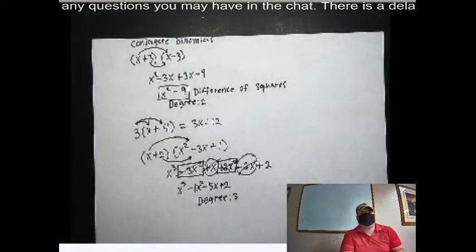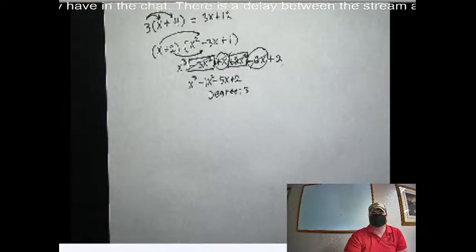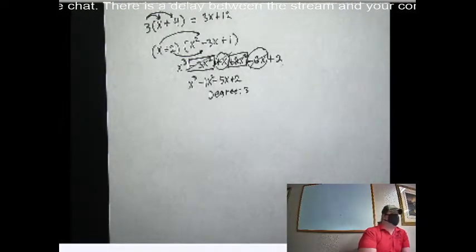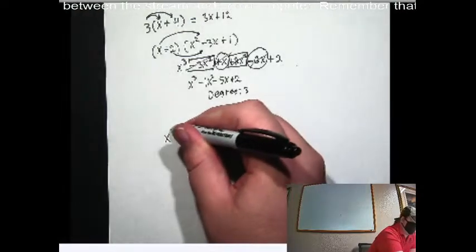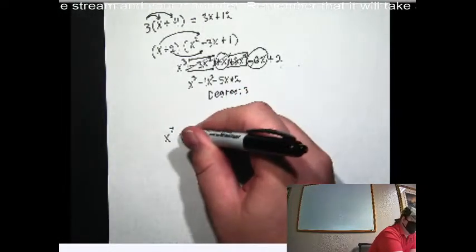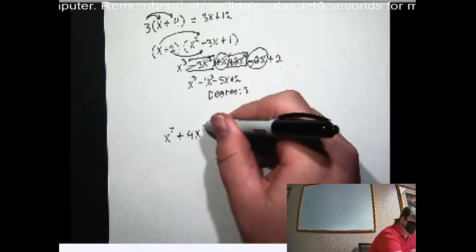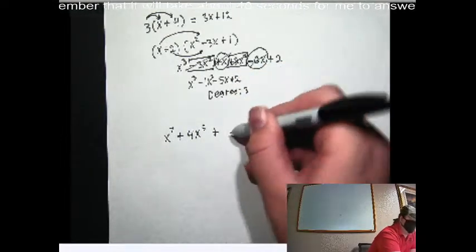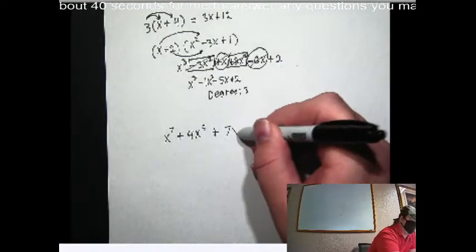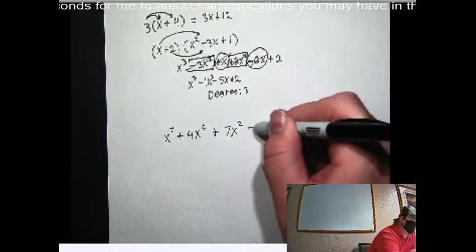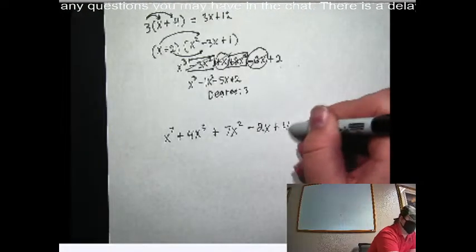This degree allows us to understand a whole lot about the polynomial. Because we can have very wild polynomials, maybe something like x to the 7th plus 4x to the 5th plus 7x to the 2nd minus 2x plus 4.